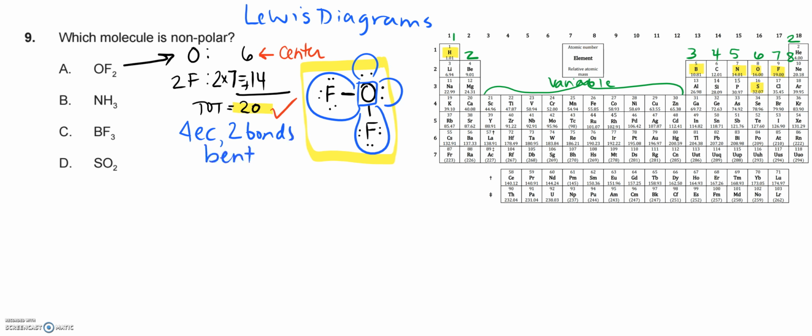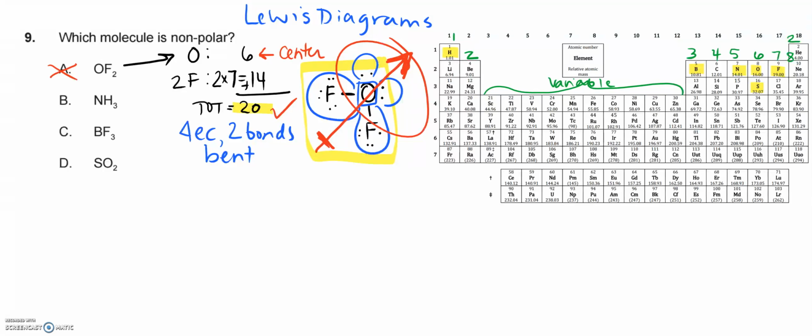And each of these bonds would have an electronegativity difference, but more than anything, I see this great amount of negative charge on this end of the molecule, so I can assume that my net dipole goes from more positive on this end to more negative where my unbonded electrons on the central atom are over there. And so this one would very much be polar because it has a dipole moment.